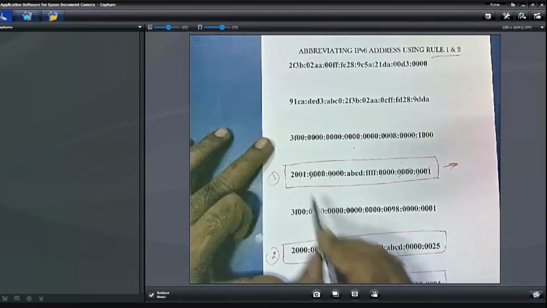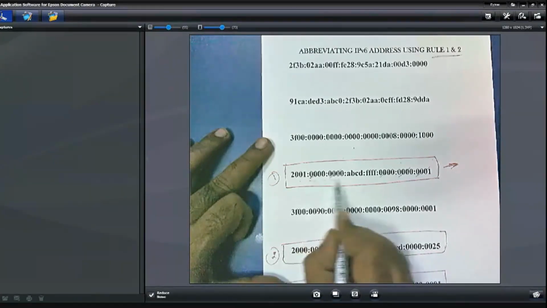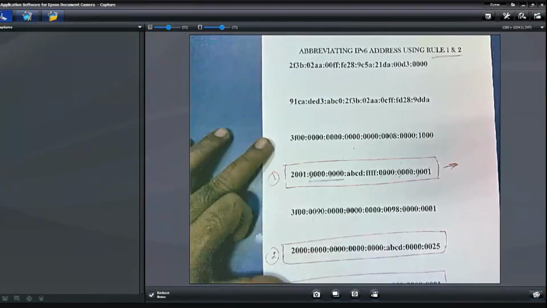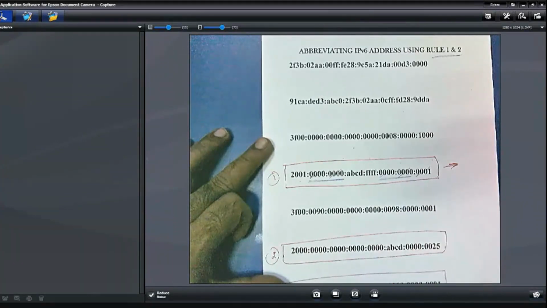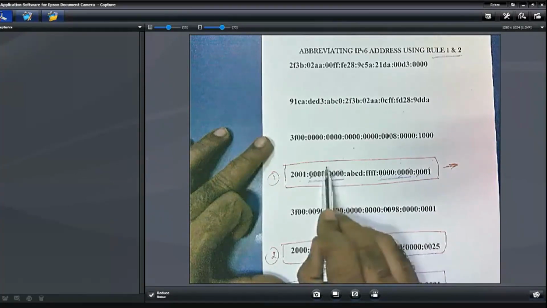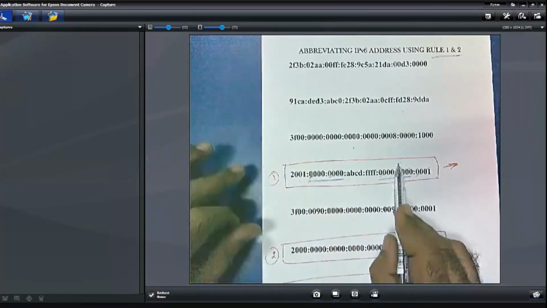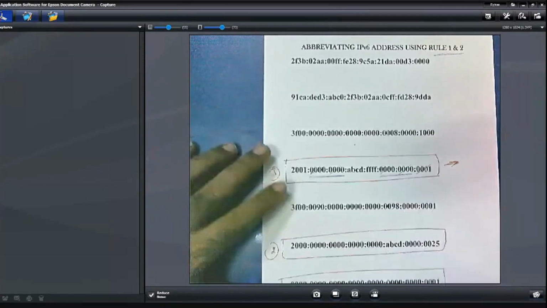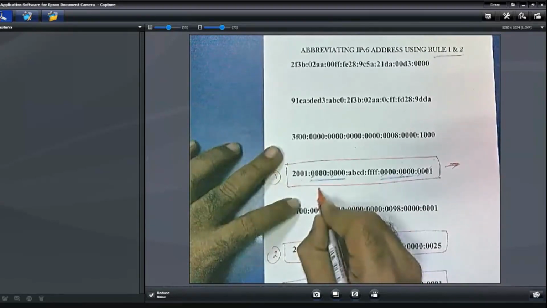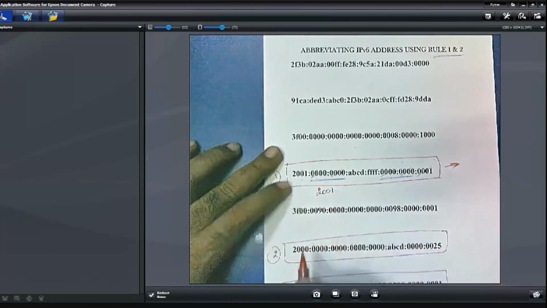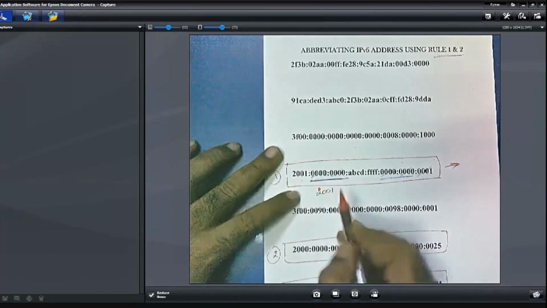Now you can see continuously here we have 8 bits, and here also you have continuously 8 zeros. So you can remove this or you can remove this. Anything, up to you. There are 2 answers for this. Listen, 2001. I remove this block, continuously I remove this block.